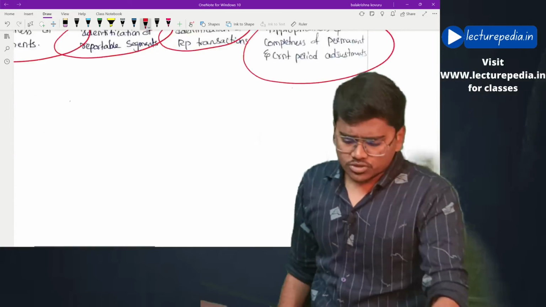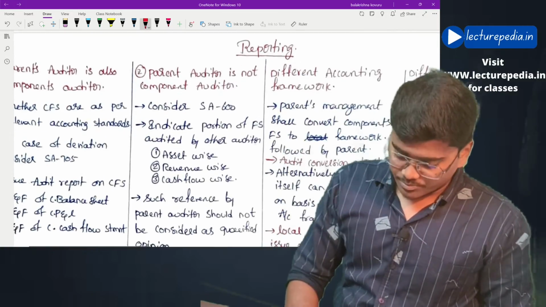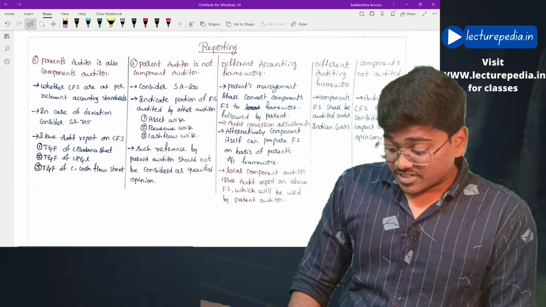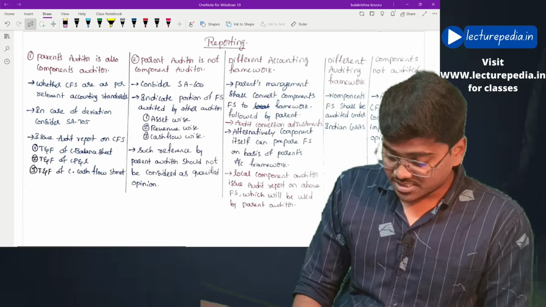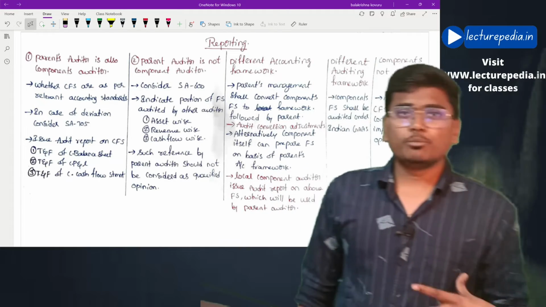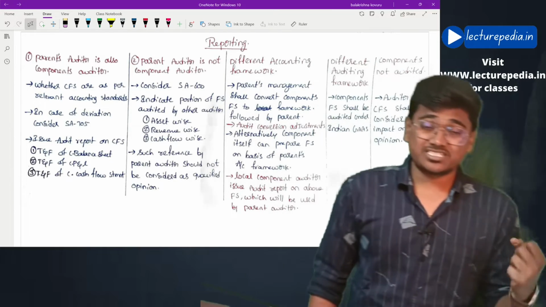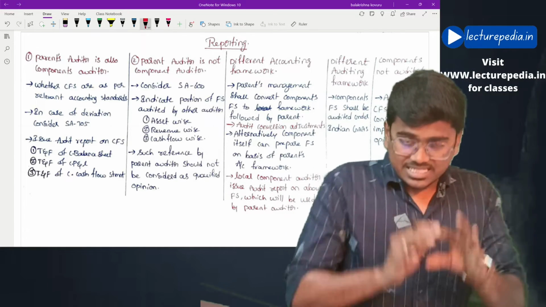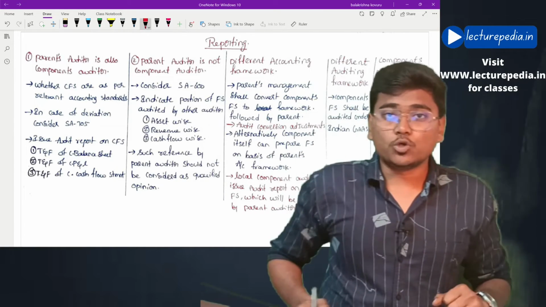By this, almost the consolidated financial statement is completed. We have just one topic left. This is very important, which is the reporting aspect. Reporting by whom? Reporting by the auditor of consolidated financial statements. Here we will have 5 situations. In these 5 situations, how will the auditor have to report?